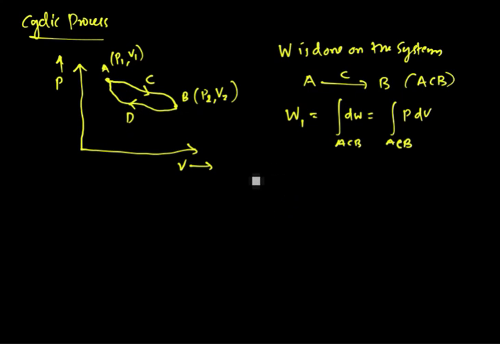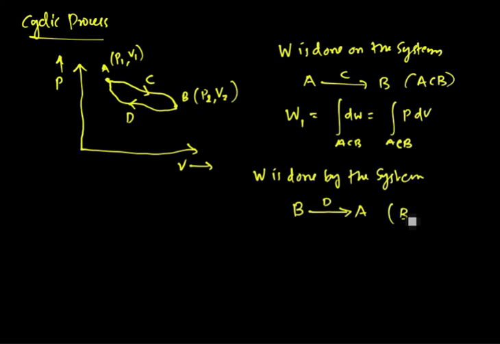So that is usually work done by the system, and it returns back to the initial state A from the final state B, that is B to A through another path D, that we usually represent as BDA.